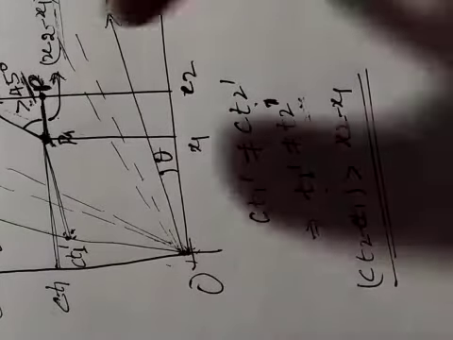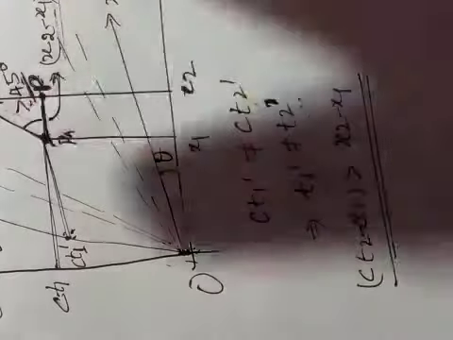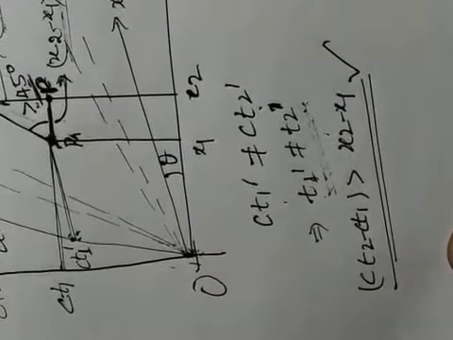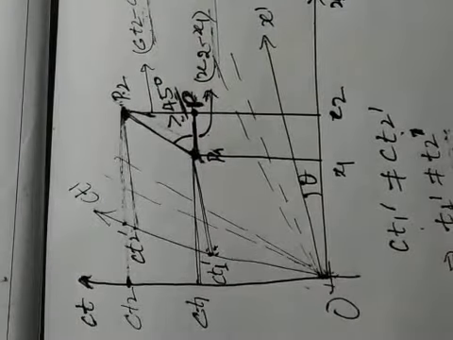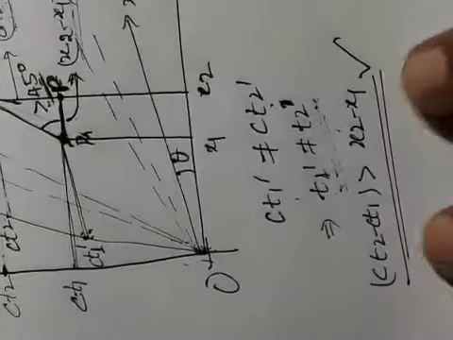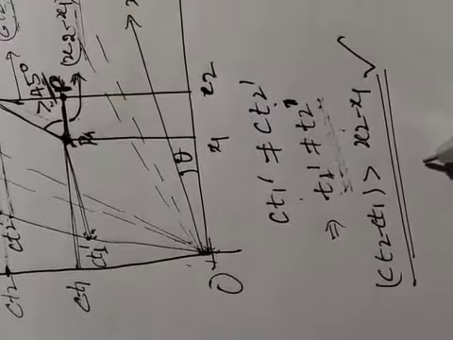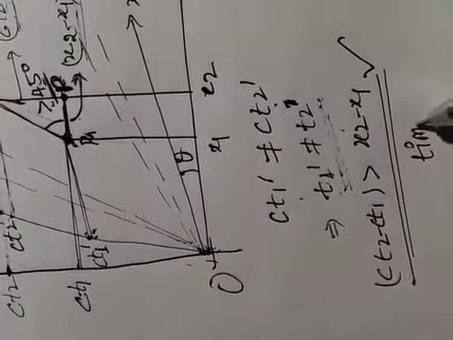Such pairs of events for which this condition is followed are known as time-like events.